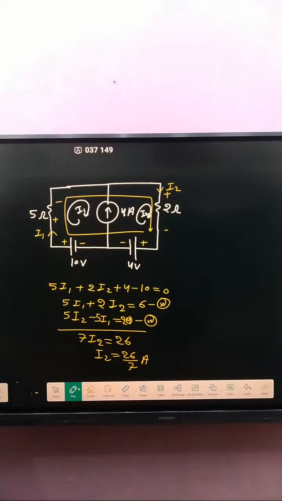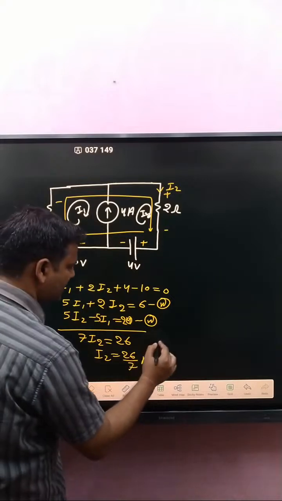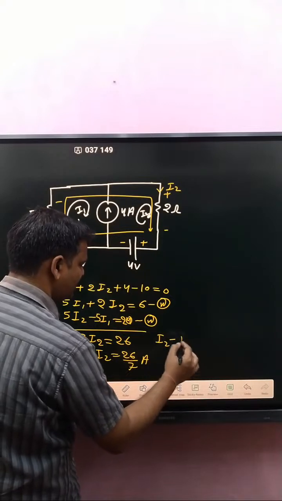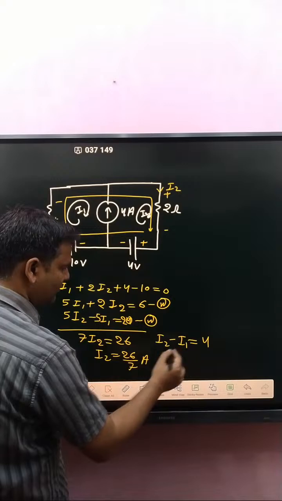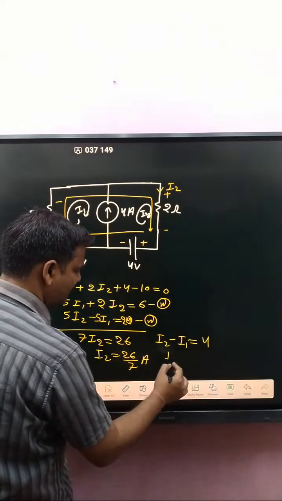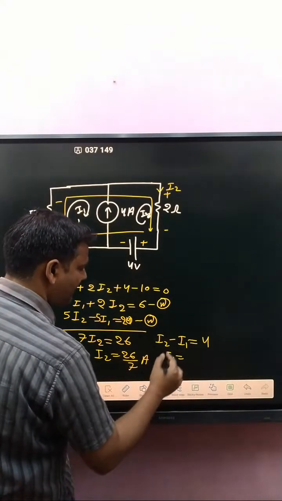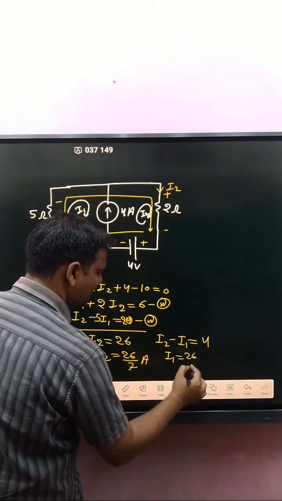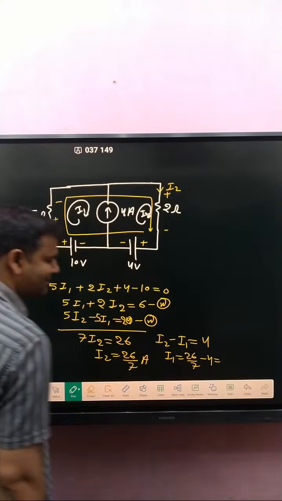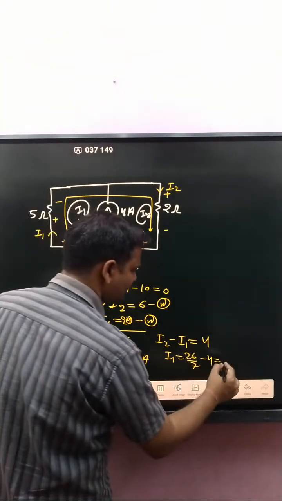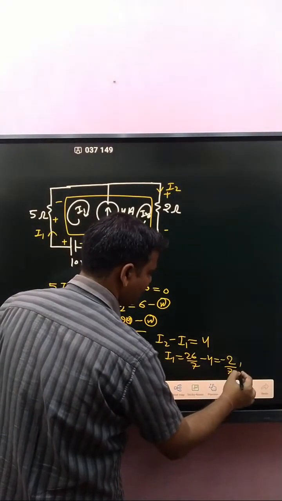Okay. Then what about I1? Basically I2 minus I1 is 4. So if this value is put here, then we get I1. I1 is 26 by 7 minus 4, that is 2 divided by 7 ampere.